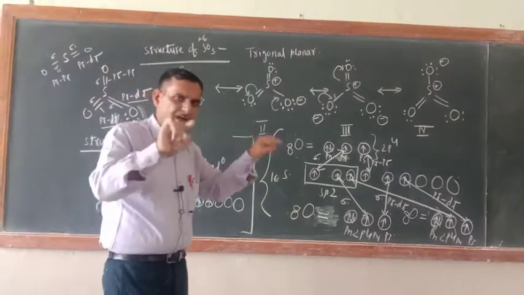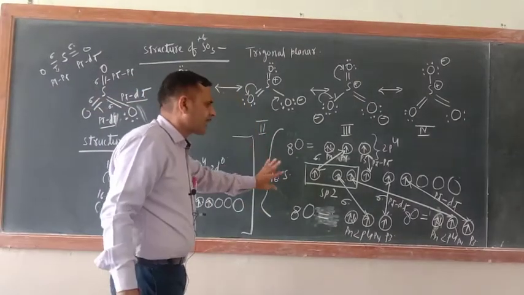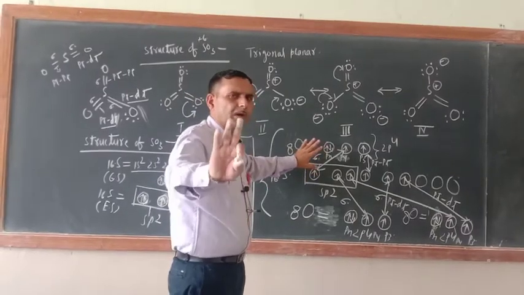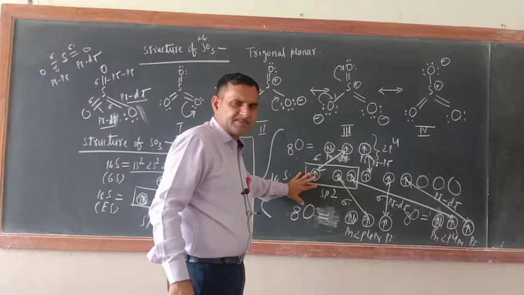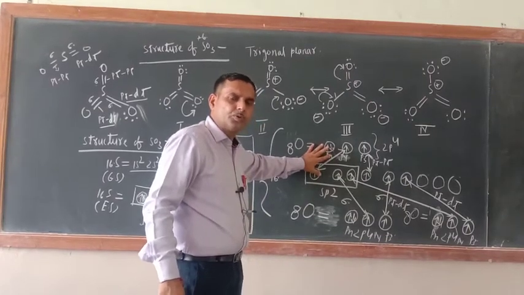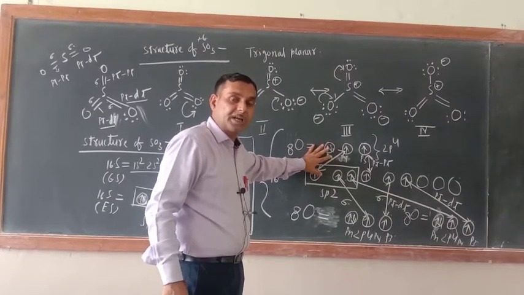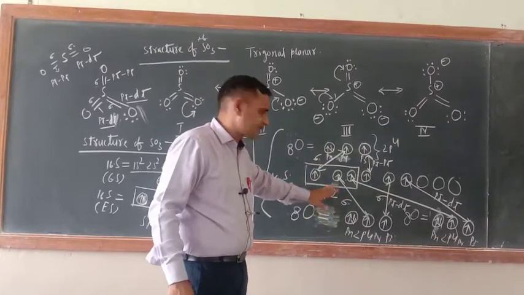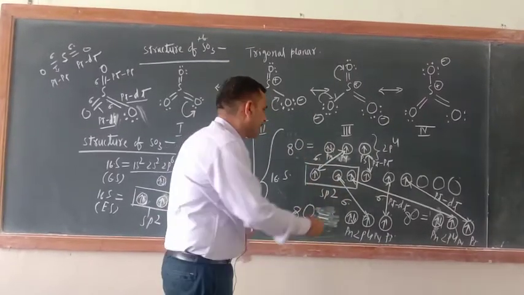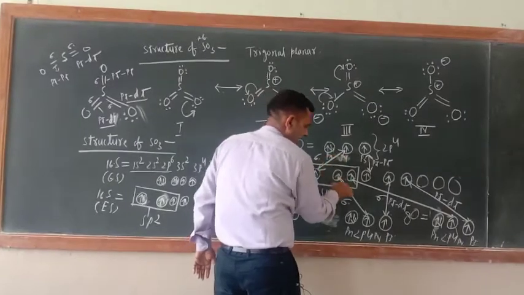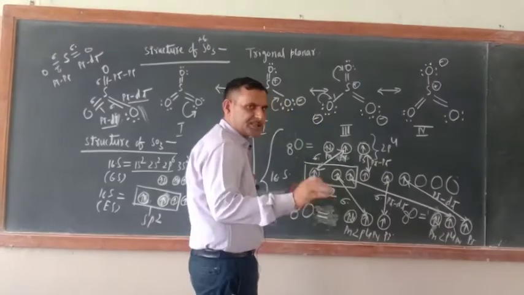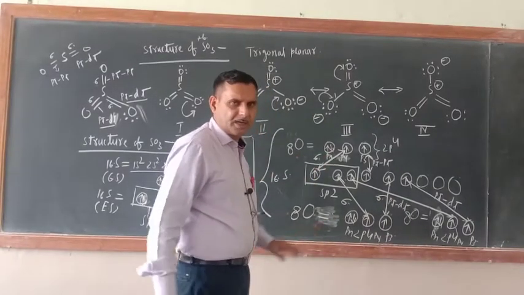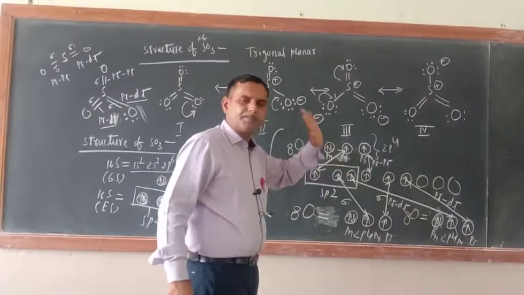So I hope that you have got it. These structures are not complicated. Just do one thing. First make the hybridization state of sulfur and write down the 2p4 orbitals of the oxygen atoms and keep on overlapping. These signs indicate overlapping. This one and this one and that one are just indicating overlapping.